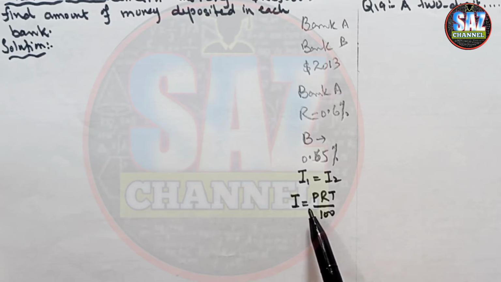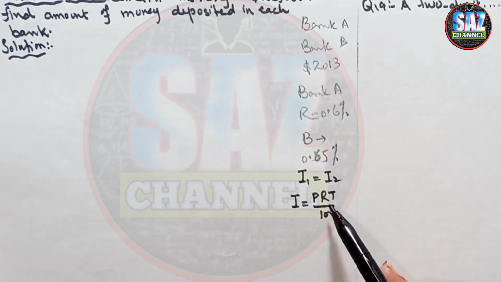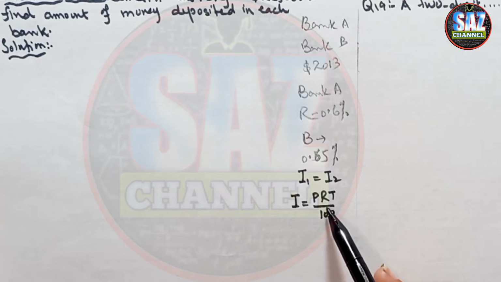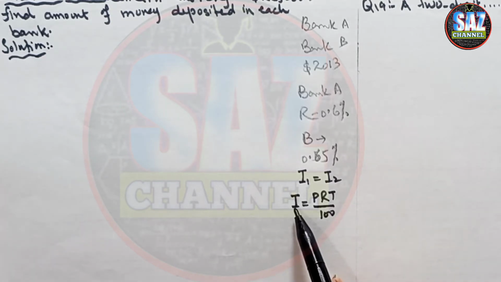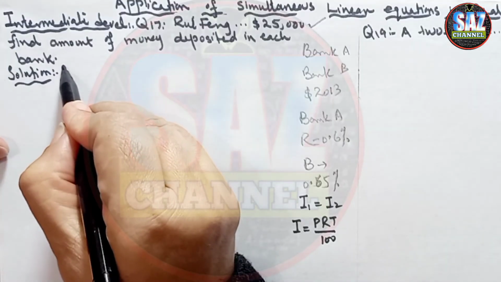So for the amount that we are keeping in Bank A or Bank B, I will be using letter P, and R will be the interest rate, that is 0.6 and 0.65. T is the time period, that is one year, and interest is the amount that Rui Fang will be getting from the bank. So let's start with Bank A.